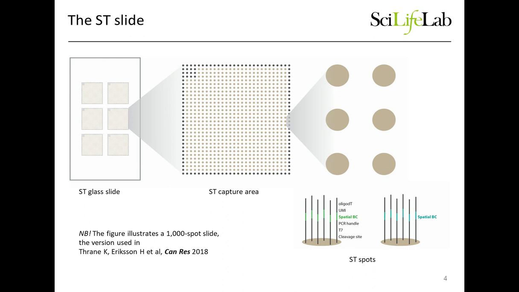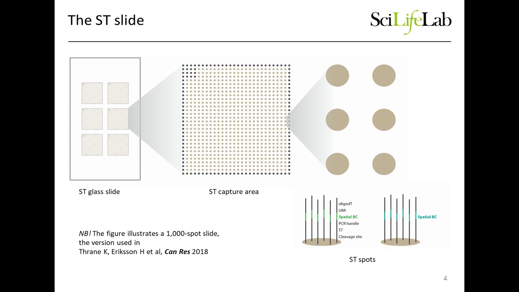The very heart of spatial transcriptomics is the ST slide. It looks like a regular microscopy slide, but has 6 identical capture areas. What I'm showing you here is what we call the 1K slide, meaning that each capture area has 1,000 spots. And this was the first slide version and the one that we used in our melanoma study. I will come back to slide versions in the next slide, but let's first take a closer look at the spots.